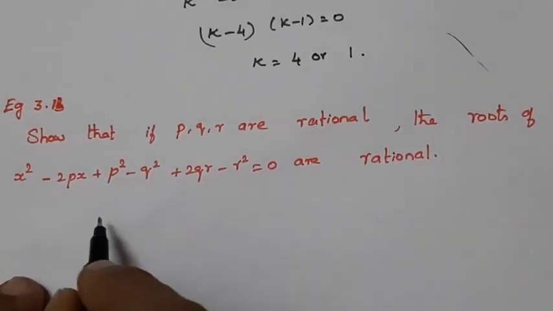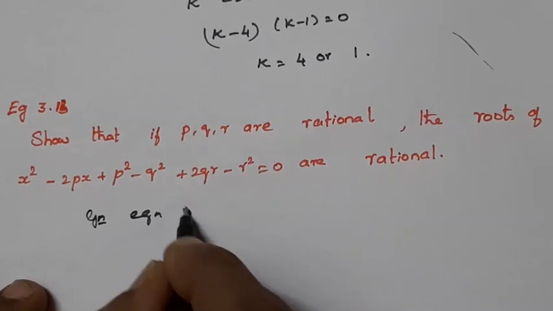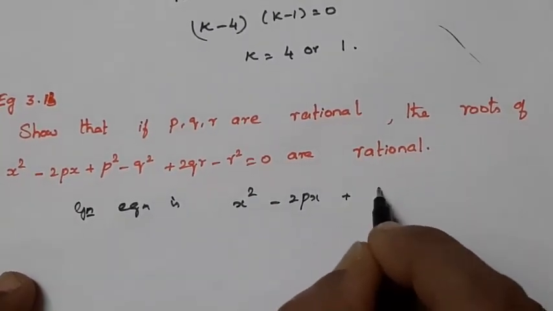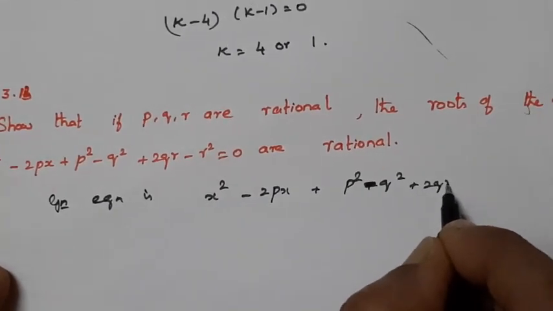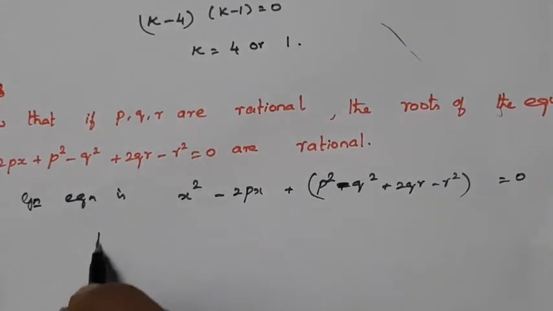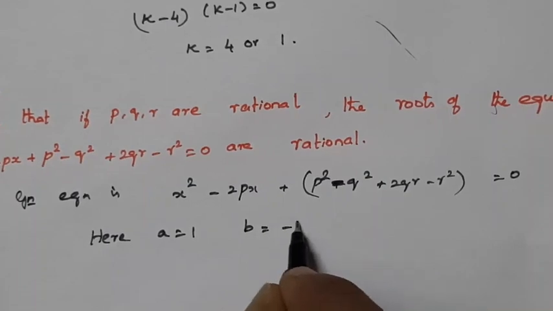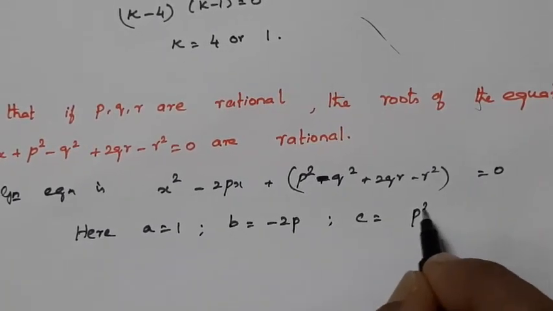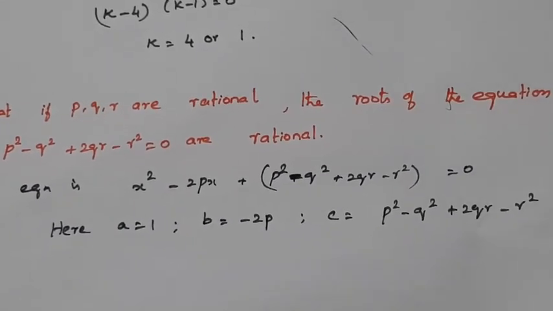Here the given equation is x squared minus 2px plus p squared minus q squared plus 2qr minus r squared as the constant term, equal to 0. So here what is a? a is equal to 1 and b is equal to minus 2p and c is equal to p squared minus q squared plus 2qr minus r squared.